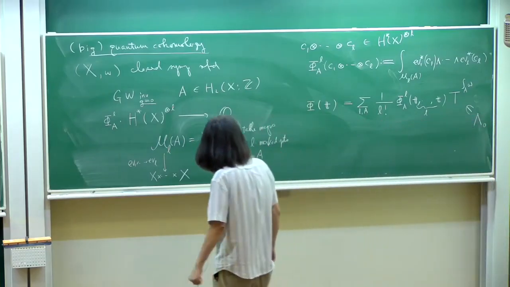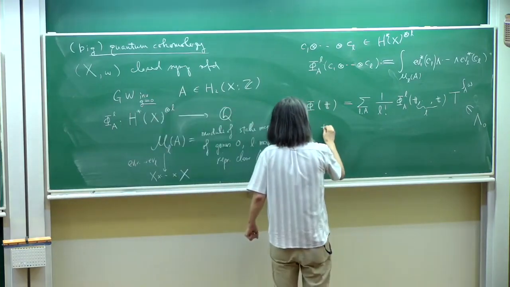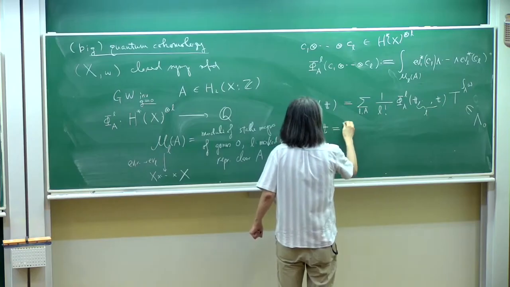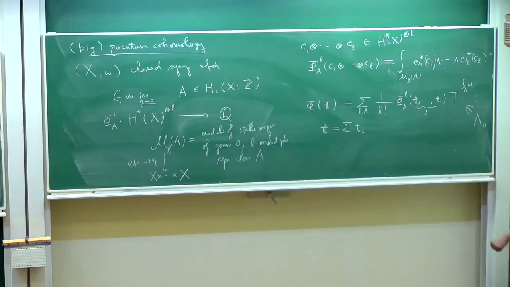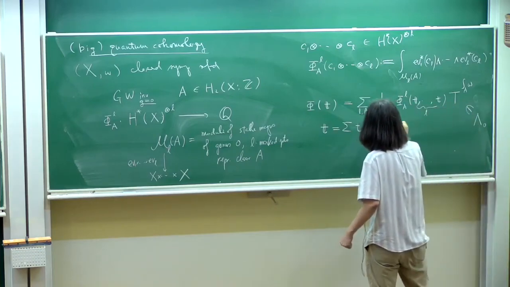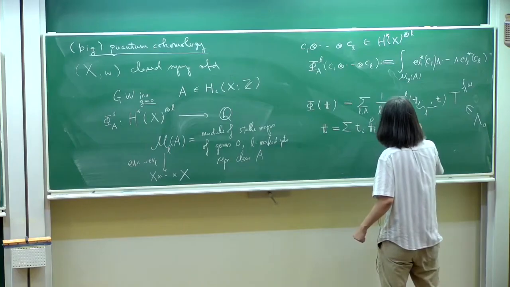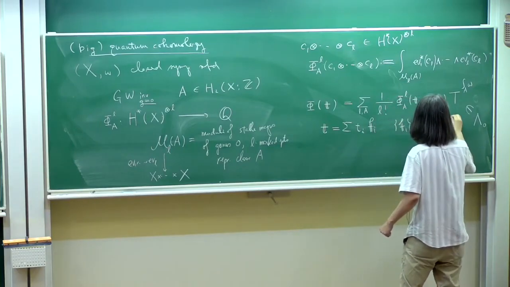And then T is actually a linear combination of t_i times basis elements. I didn't really give the name. So let f_i be a basis, maybe a homogeneous basis of this cohomology.